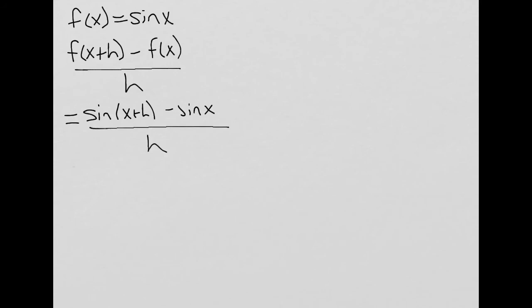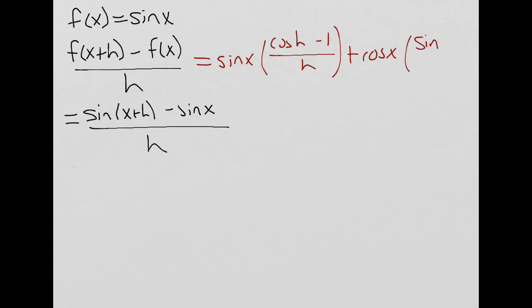And I claim this is equal to sine x times cosine of h minus 1 over h, plus cosine x times sine of h over h. And this is something that, like I said, will show up in some proofs in a calculus textbook, but we can derive the identity here just from a little bit of trigonometry.